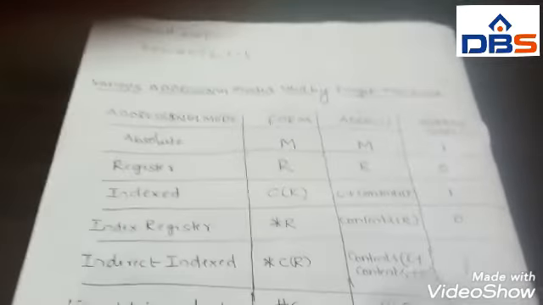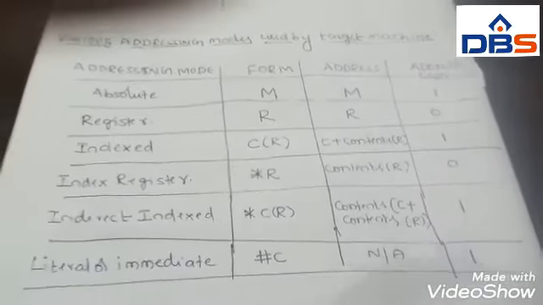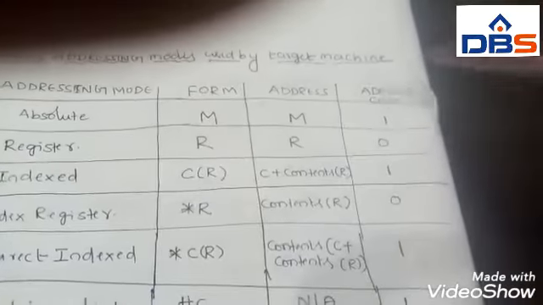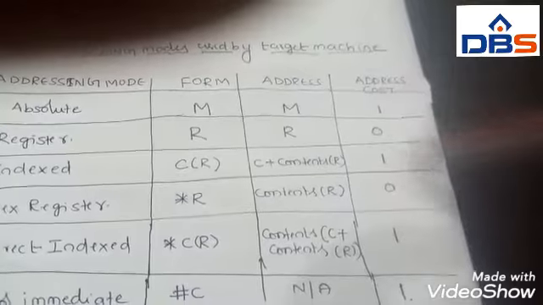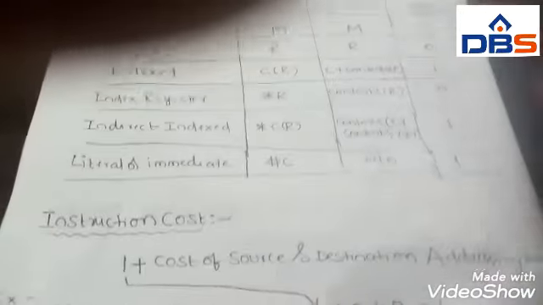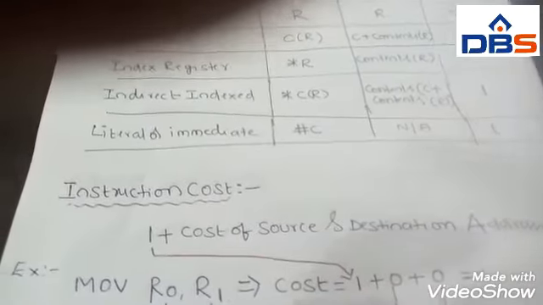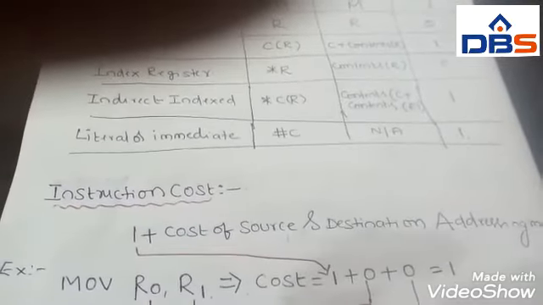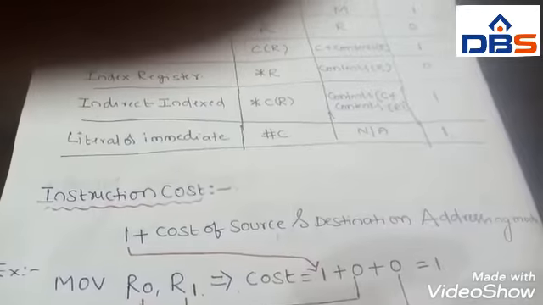By seeing this table, we are going to calculate the cost of an instruction. By seeing the addressing cost values, we are going to calculate the instruction cost of each and every instruction. First of all, what is the instruction cost?